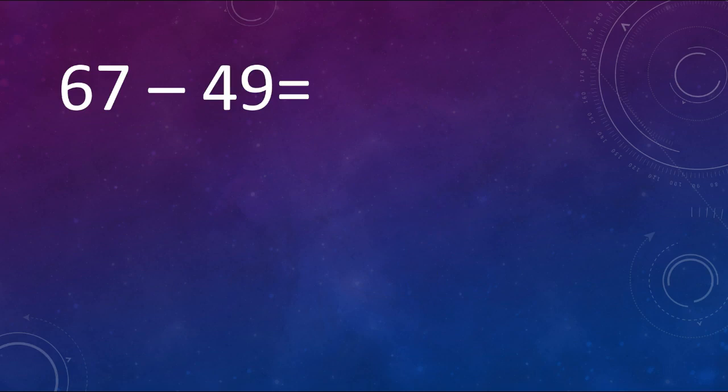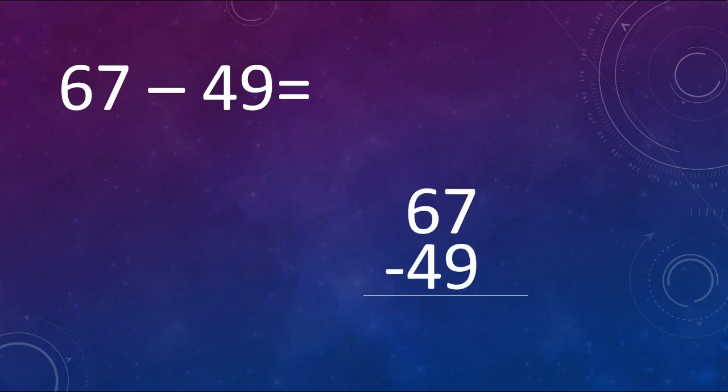Go ahead and line this up vertically and then solve it. All right, let's check your answer. 67 minus 49. Do we need to take any of the tens from the 6? Yes, we do, because 7 is a smaller number than 9.